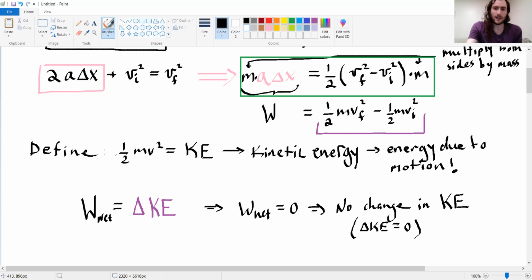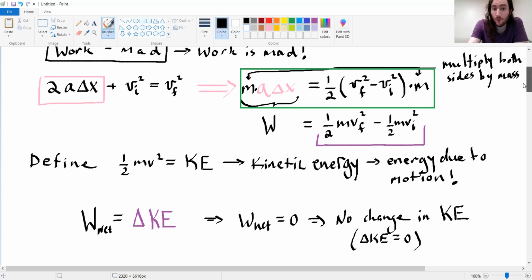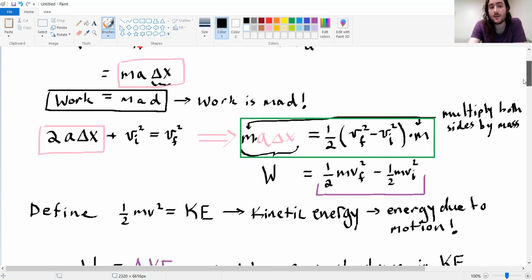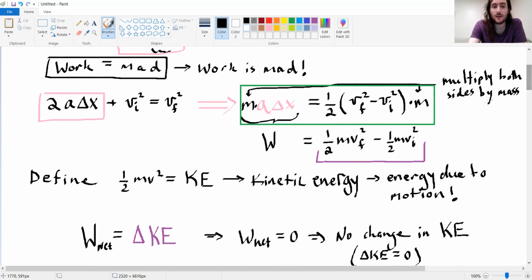Now, we went through this process of deriving this expression and defining this new quantity in a very simple way, where we assumed we had a constant force and the displacement was in the direction of that force. And so there was no cosine theta showing up in our expression.